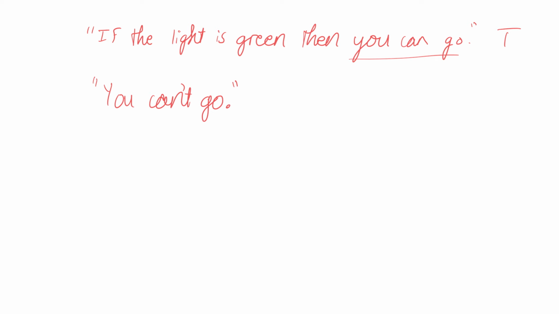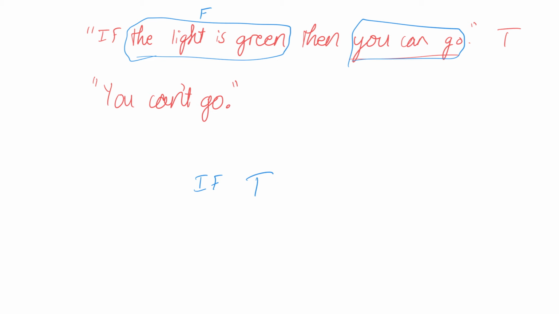Well, the only way for these to be consistent is for the antecedent to be false, right? So if the antecedent were true, then you would have to have that the consequent is true. But we know it's not. In order for the whole conditional to be true, if we had, effectively, if, and then a true sentence, then a false sentence, this would be a false proposition.